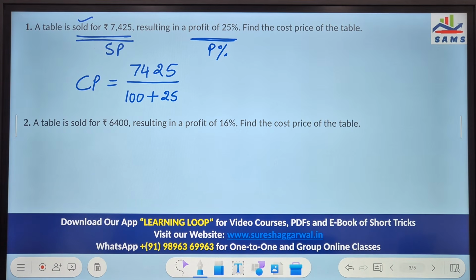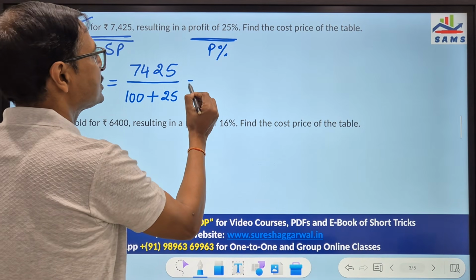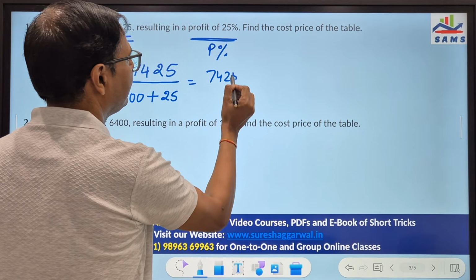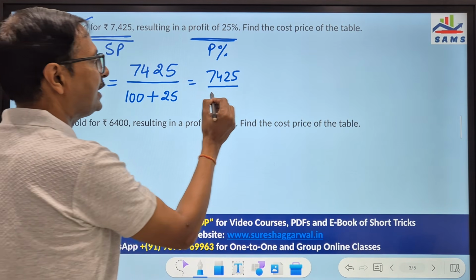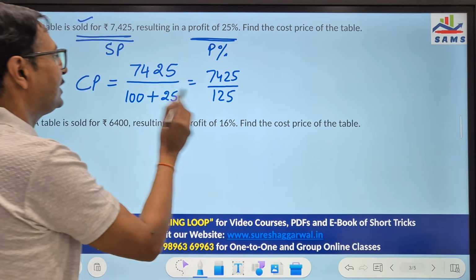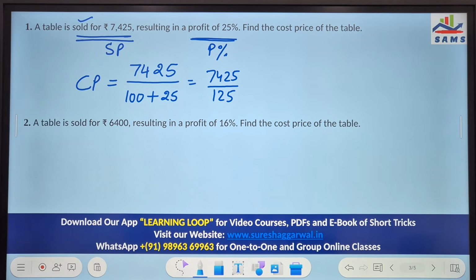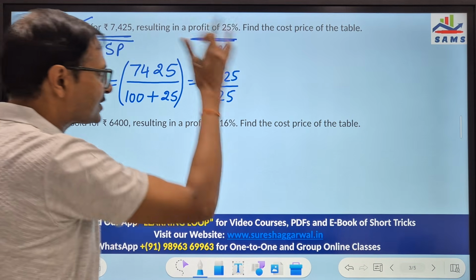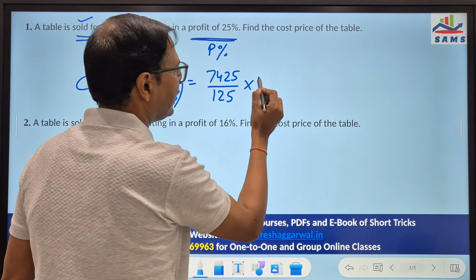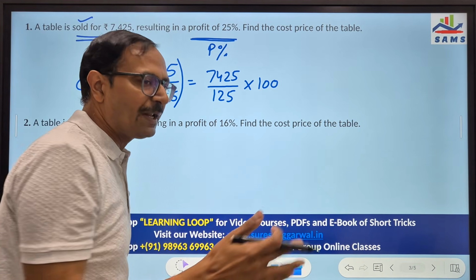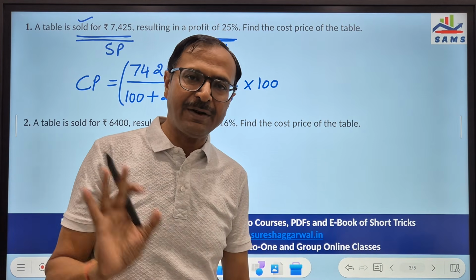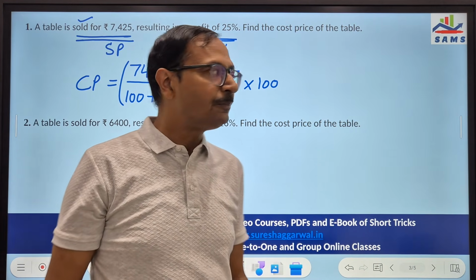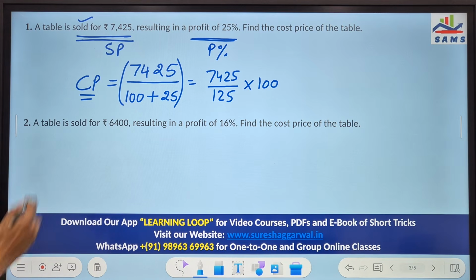Remember it is percentage, so 7425 upon 125. Now this is not going to give me the cost price, but whatever comes in here, I will have to reduce it to percentage form by multiplying it by 100. Now this is one important thing, multiplication by 100 to get the required CP, right?